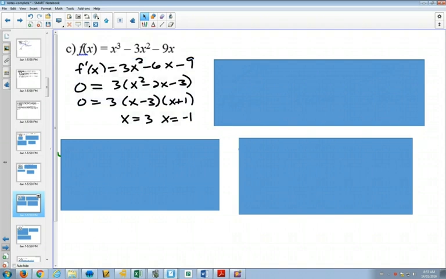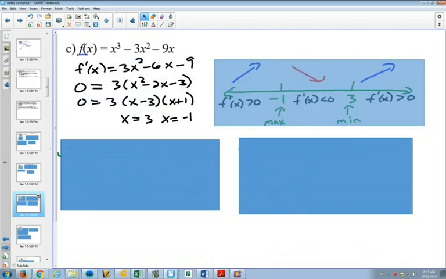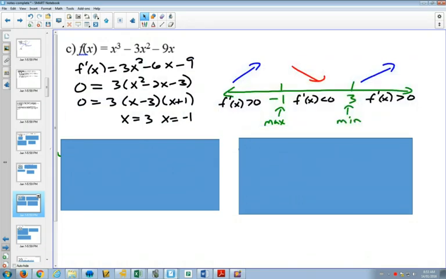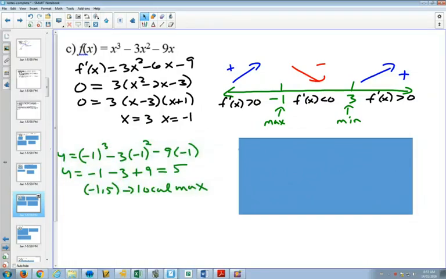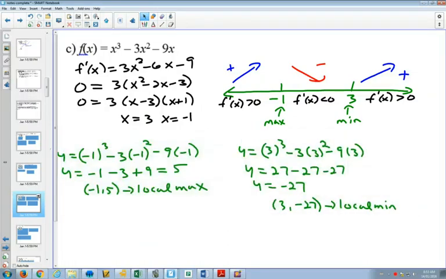Again, take the derivative, you can factor it. First derivative test, goes from positive to negative to positive. Plug in those values to find out what they are.